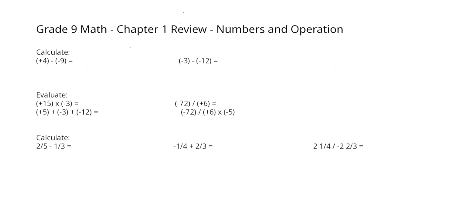Pardon my writing. The next one, to the right, we have -3, -12. Also bear in mind the number line tool, we can use that. If you start at -3, you're going negative, which is going to the left.